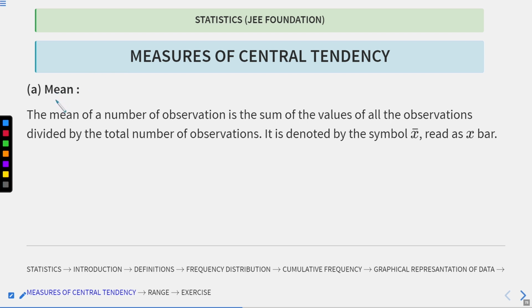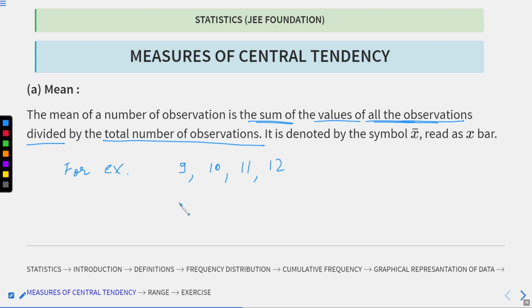Now, the mean of a number of observations is the sum of the values of all the observations divided by the total number of observations. For example, let's say the observations are as follows: 9, 10, 11, 12.